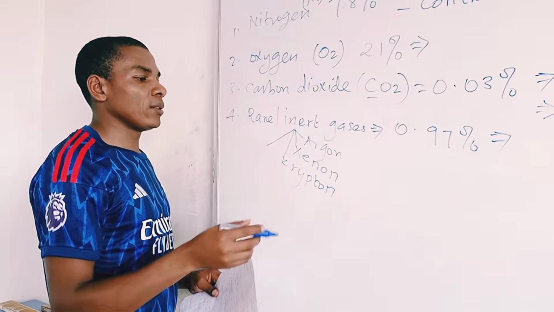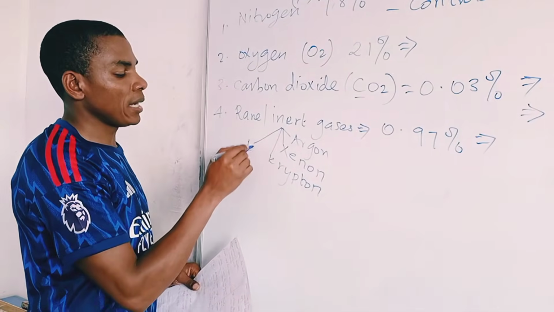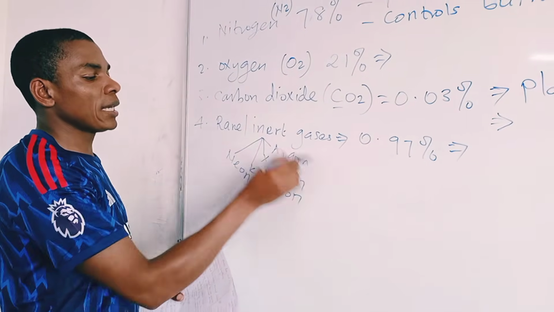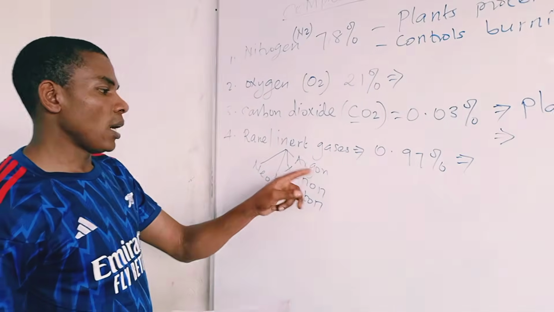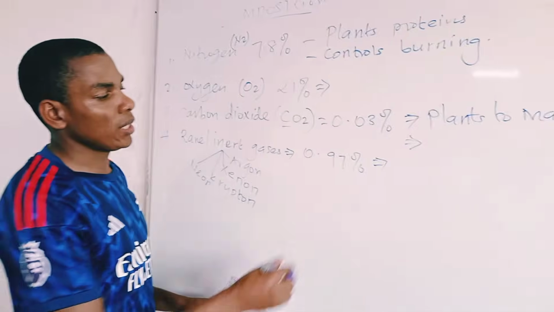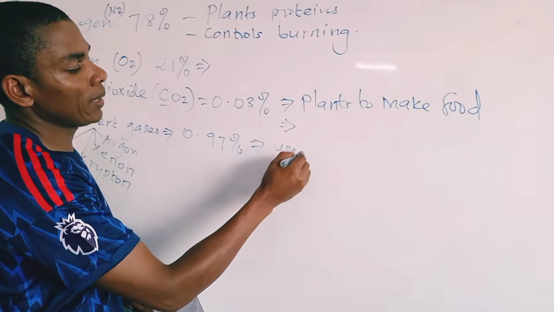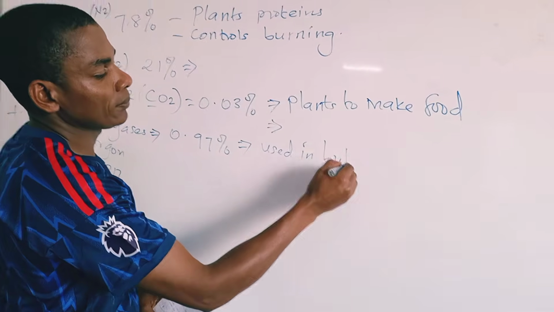There are so many. So these are examples of inert gases. And remember, argon is used in bulbs. Most of them are used in bulbs.